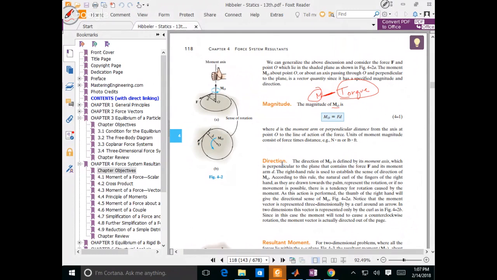But in essence, all it is is the perpendicular distance, the d that it's away, times the force, and that's the moment. I mean, it makes sense if you're out there doing your tire. Say this is the bolt for the tire, and one of your bolts is really messed up. I've seen people take a little torque wrench and go get a piece of plumbing pipe and stick it over it.